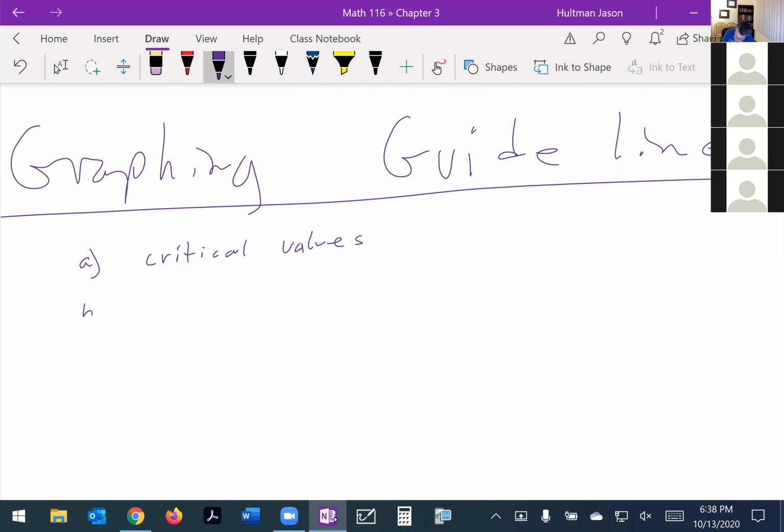B, let's look for relative extrema. How do we find our critical values? Well, our critical values are going to be when f prime of x is equal to 0, right? Our relative extrema are going to be the values at those x values. Okay, C. Let's find the inflection points.